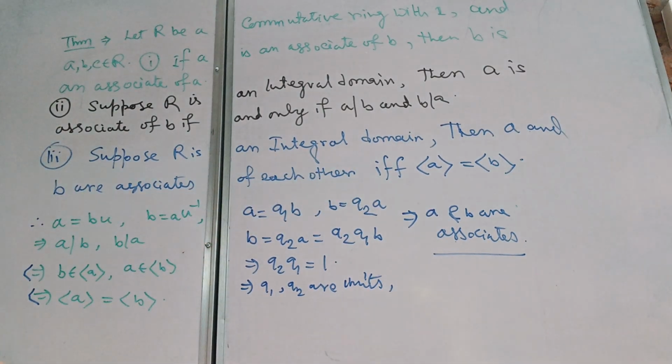For Q1, Q2 belonging to R, we see that Q1 and Q2 are units, so A, B are associates. So not a problem at all. I think all understand this easily and suitably.